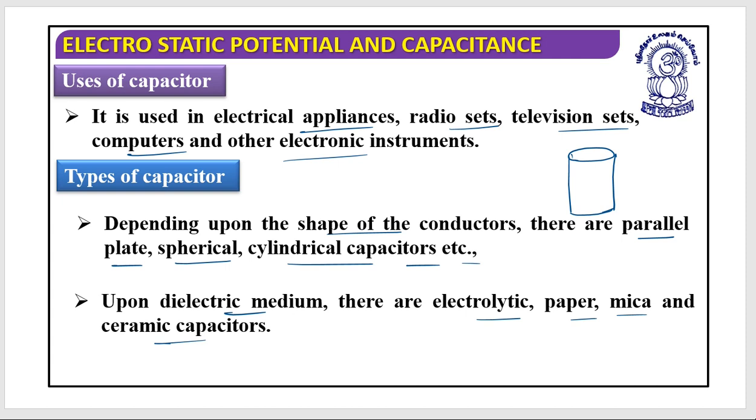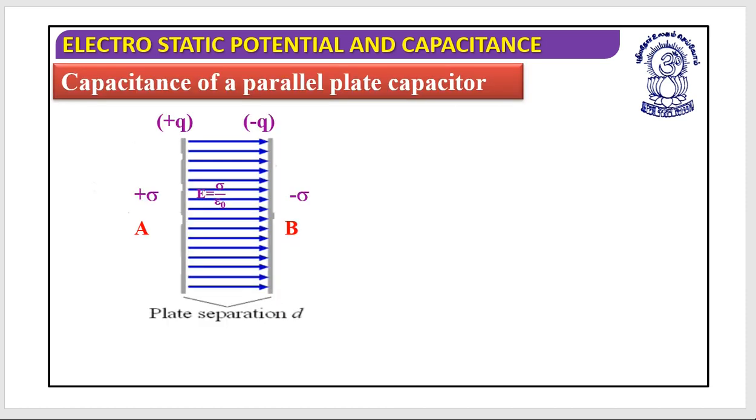Now let's look one by one at all those capacitors and how they are formulated. Let's begin with the very famous and mostly used one, the parallel plate capacitor. We call this a PPC.